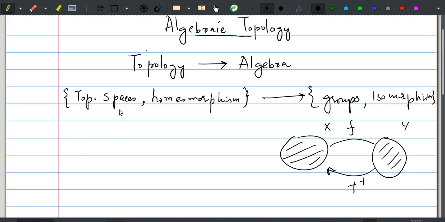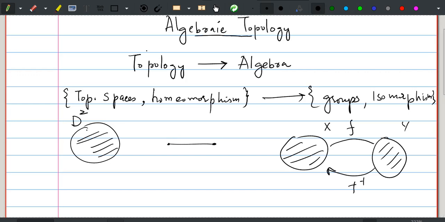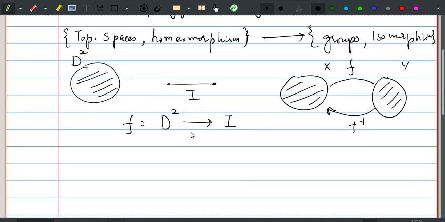For example, if we consider a unit disc, say this is our closed unit disc D2, and let us consider another space, a closed interval I. Now these two objects, they are not homeomorphic because there exists no continuous map f from D2 to I which is bijective and whose inverse is also continuous.